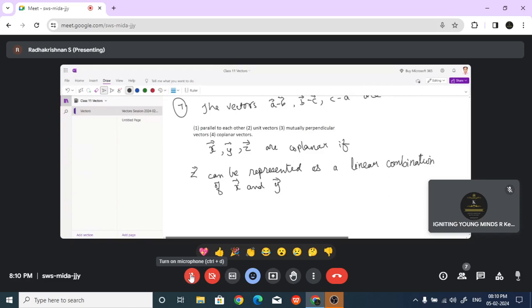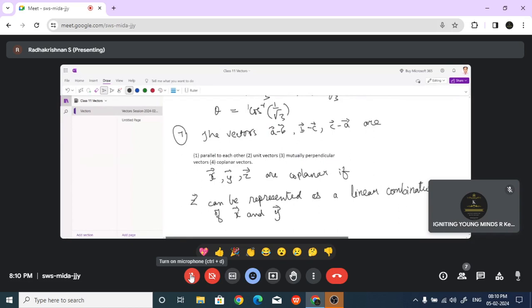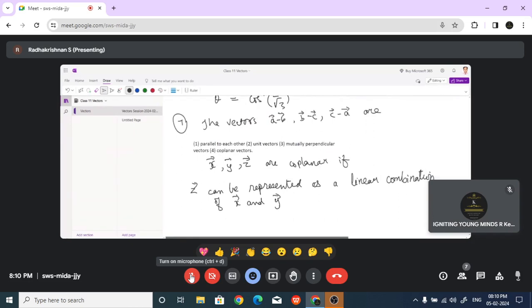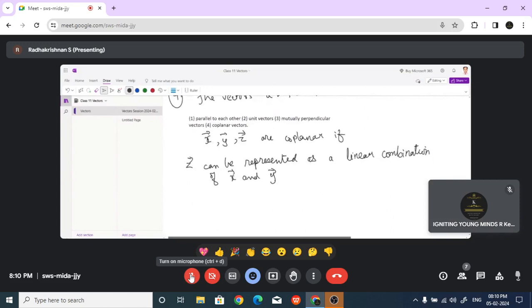When you have the components, you can use the determinant method. But in this case, you can simply try whether Z can be represented as a linear combination of X and Y, or any one can be represented as a linear combination of the other 2. So that is what you should see. Right. So you can see, A minus B plus B minus C, simply adding, what does it give?